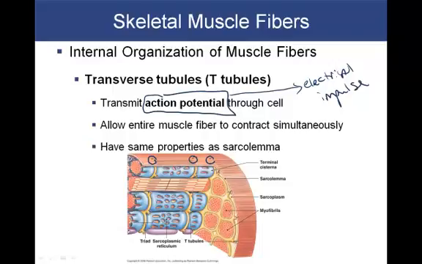We find that the T-tubules have the same properties as the sarcolemma, so they're made up of very similar structures, and we find that the action potential, or electrical impulse, or nerve impulse, reacts the same as it runs down the sarcolemma or as it runs down the T-tubules. And just again to point this out, we can see here that this canal is going to continue as it runs through the muscle fiber.